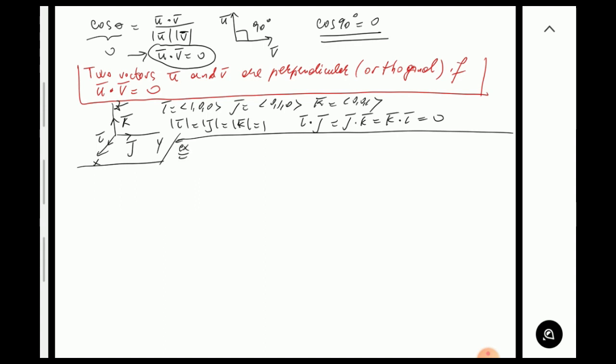Let's say I want to find some coordinate x such that the vectors (-2, 1, 1) and (x, 0, -2) are perpendicular.